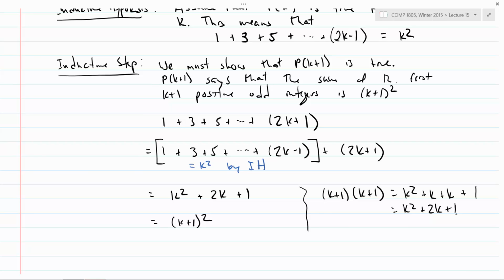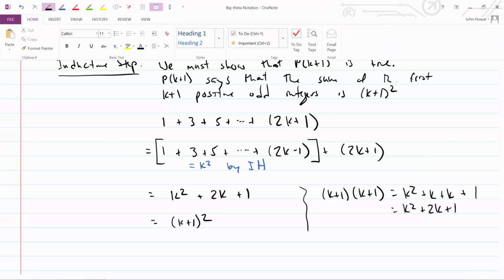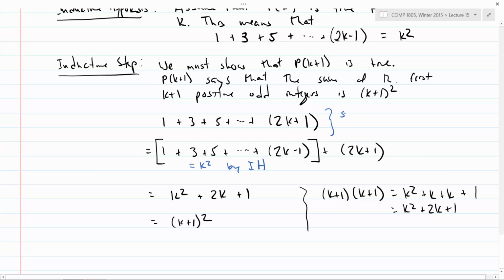We've shown that this thing up here, which is the sum of the first k plus 1 positive odd integers, is exactly equal to (k plus 1) squared. And therefore, pk plus 1 has to be true, because I showed that what pk plus 1 says is in fact true.